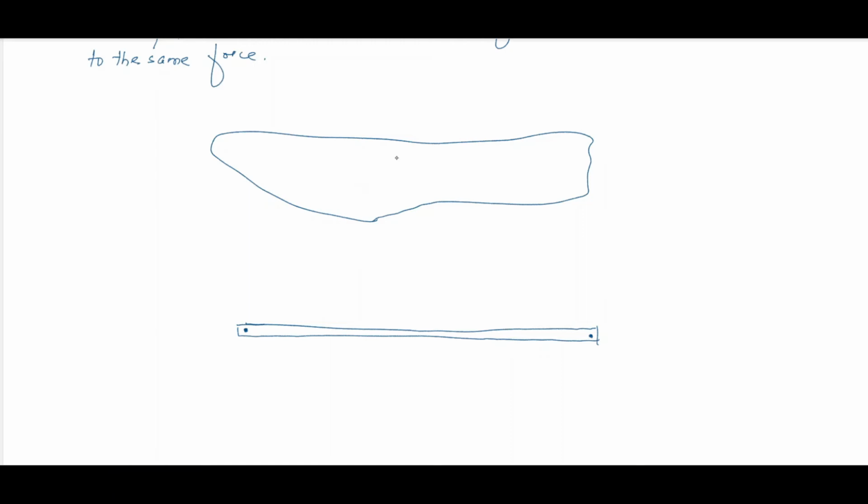Let us say this is the G point of the connecting rod, and this is the direction of a force applied at a particular instant, and this distance from the CG is denoted by the symbol E, and m is the mass of the connecting rod.